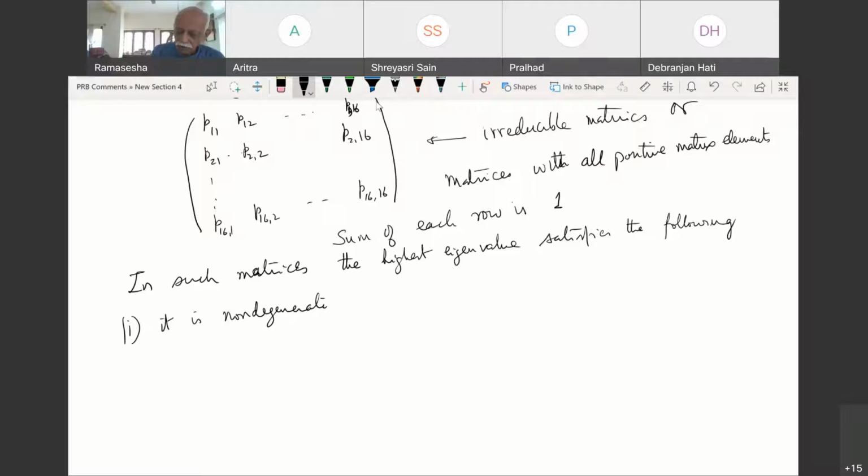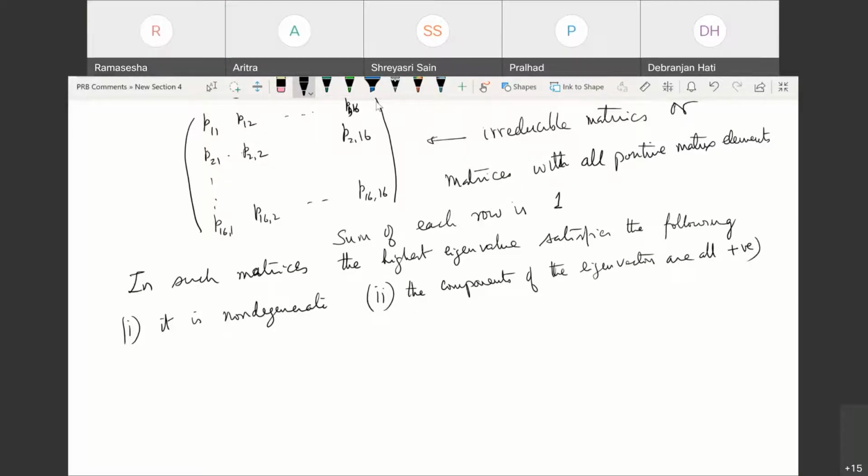Two, the components of the eigenvector are all positive, or at least all of the same type.